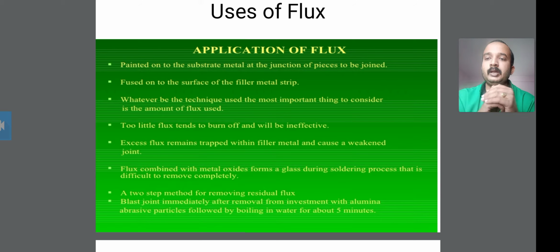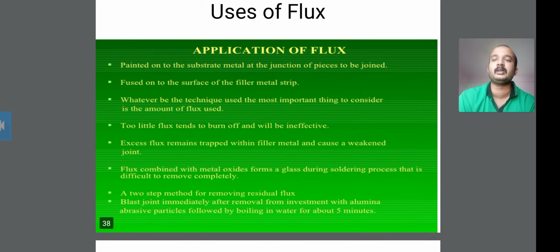Too little flux tends to burn off and will be ineffective. Then, an excess of flux remains trapped within the filler metal and causes a weakened joint.